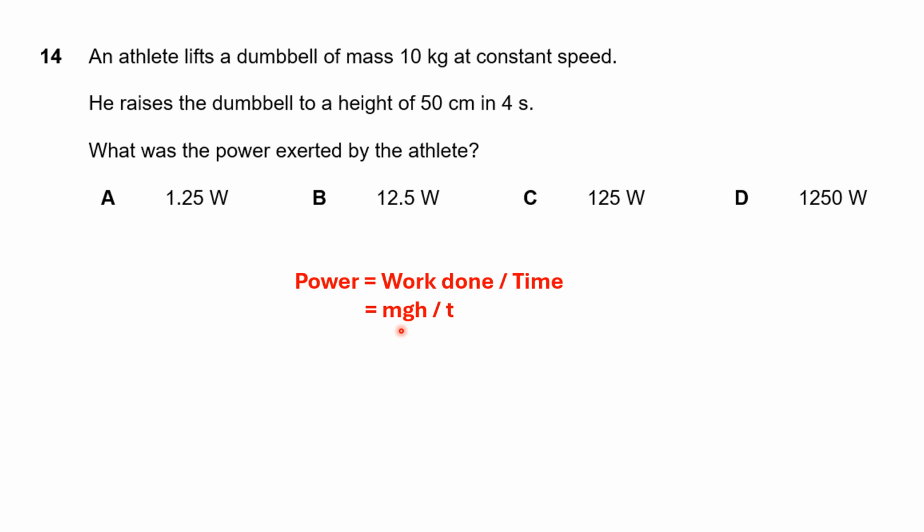Both of these methods would give you the same answer, as they should, because they're really the same concept. The work done by the athlete lifting, working against gravity, is transferring the energy into the gravitational potential store, which is why F times s is the same as mgh.